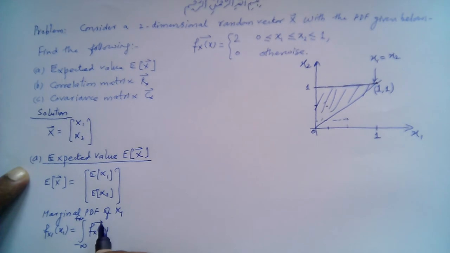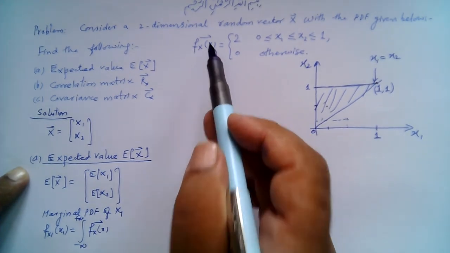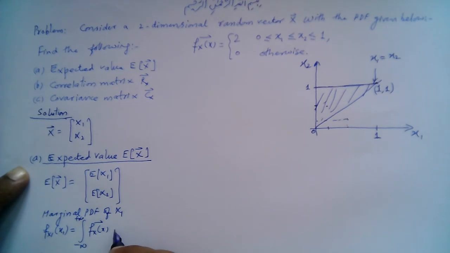This is the PDF of the random vector, right? And we need to integrate out the variable x2 from this joint PDF, the vector PDF, right?